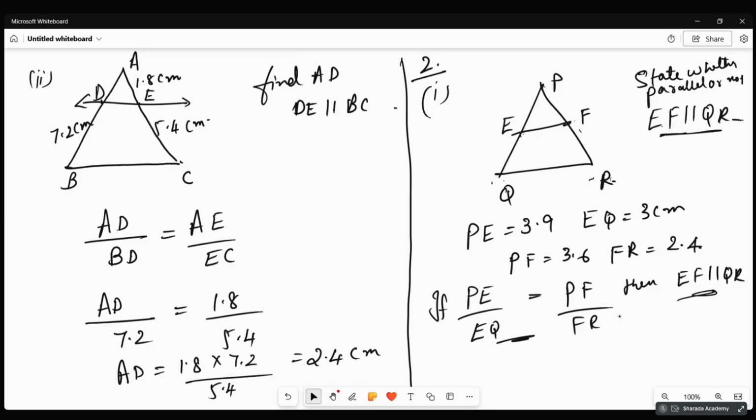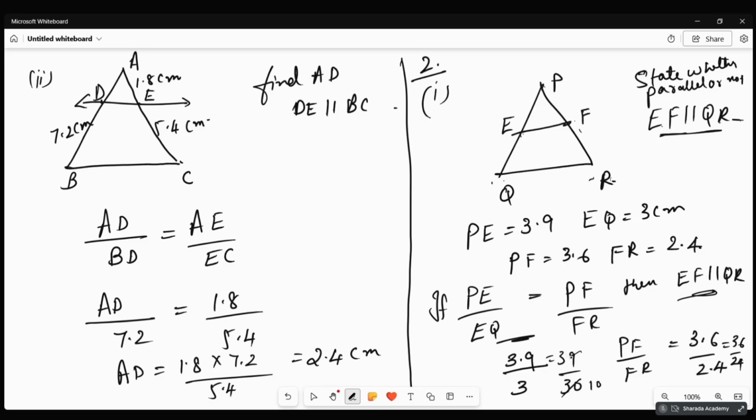What is PE? They have given 3.9 by EQ 3. Okay. So now next PF by FR. It is 3.6 by 2.4. Whether it is parallel or not. Here it is 39 by 30. Here 36 by 24. I can divide by 3, right?